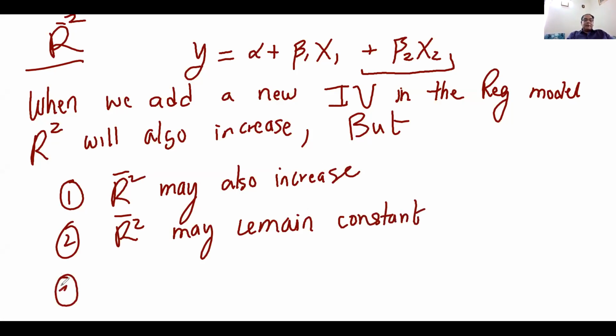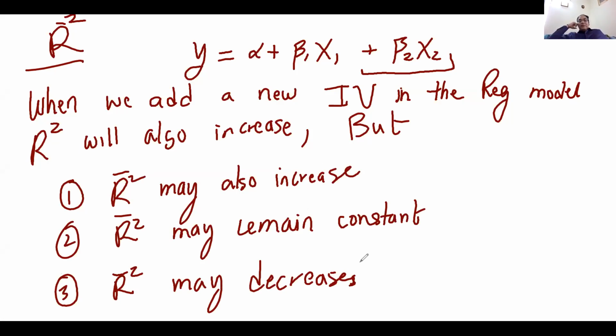And third, the adjusted R square may decrease also. So we have three options in this case. Now I'm asking you one thing, so use your common sense to answer. The question is very simple.